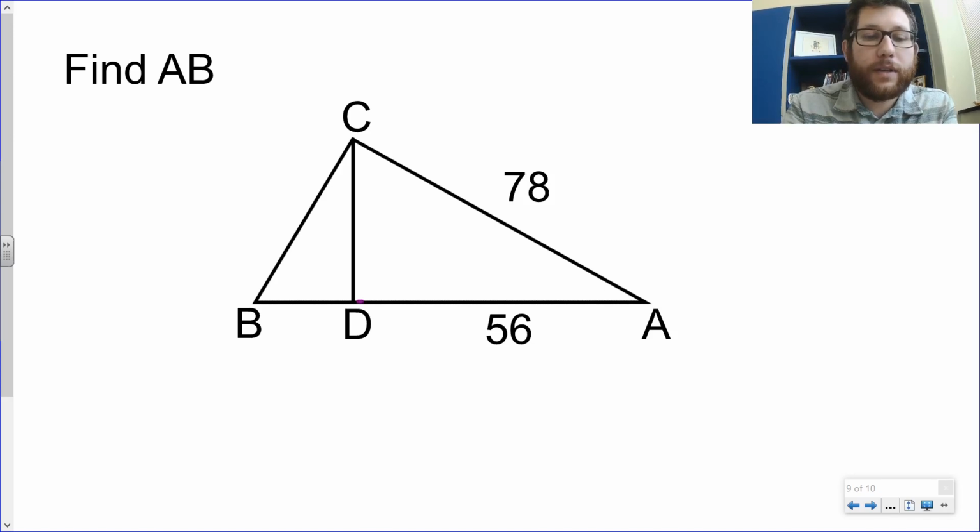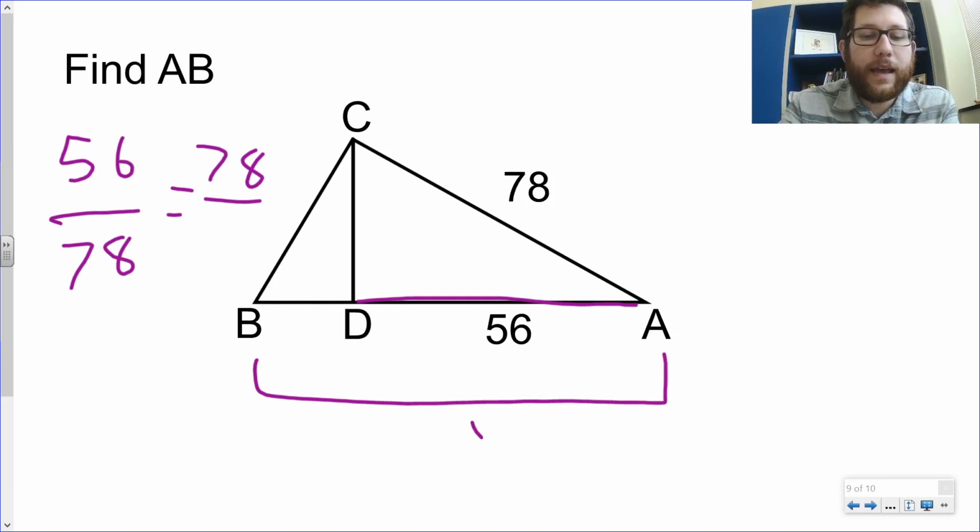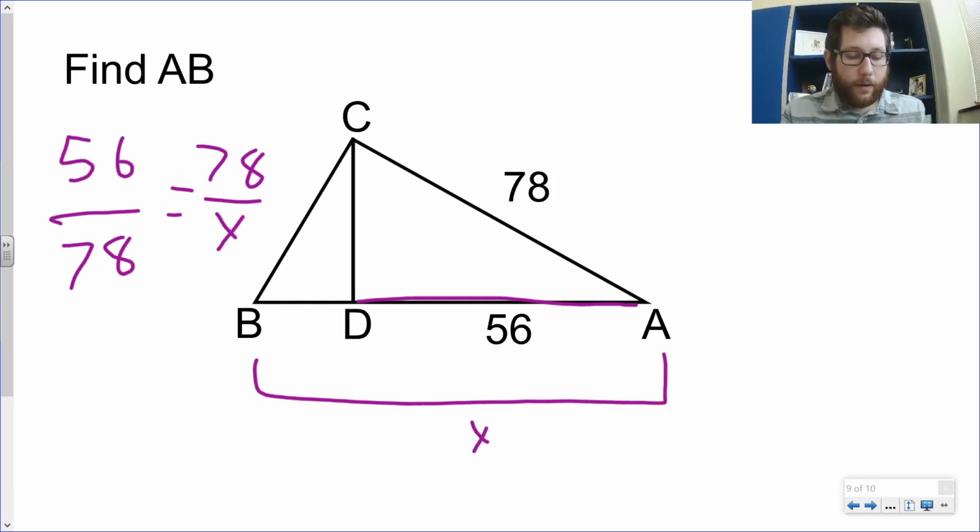So once again, medium side of my medium triangle, 56 over 78. Now that 78 is the medium side of my big triangle, so 78 over AB. I'm just going to call this AB distance x. So that's equal to x. And then I'm going to go ahead and solve this.